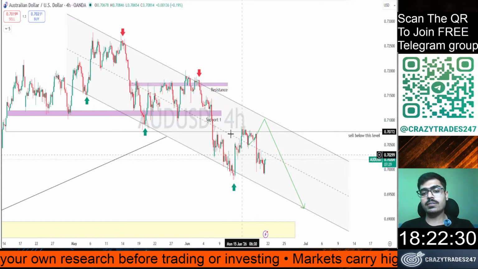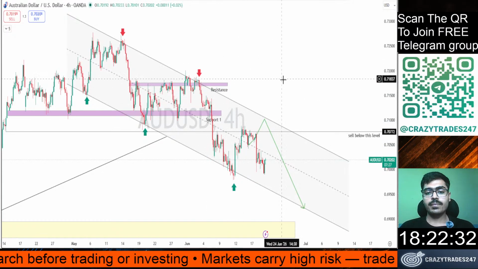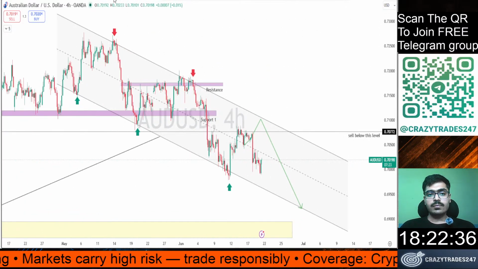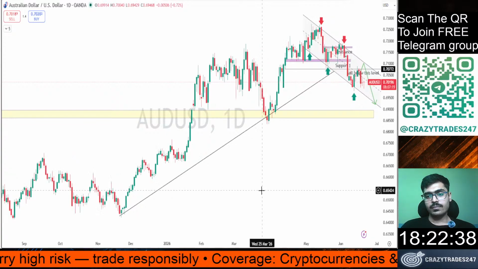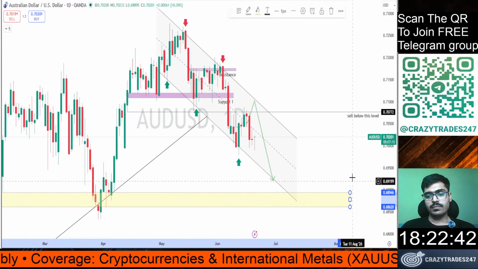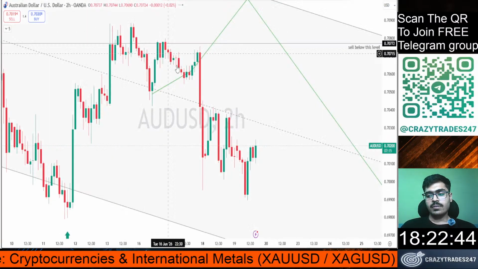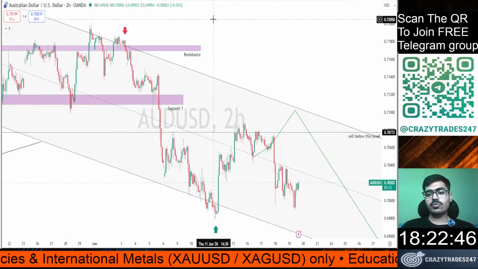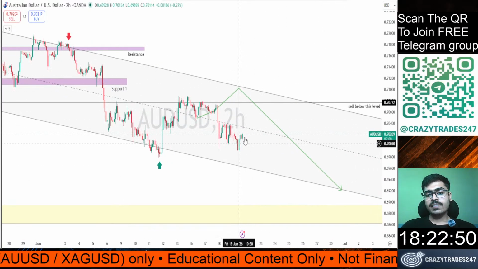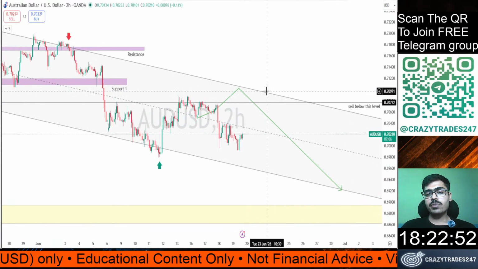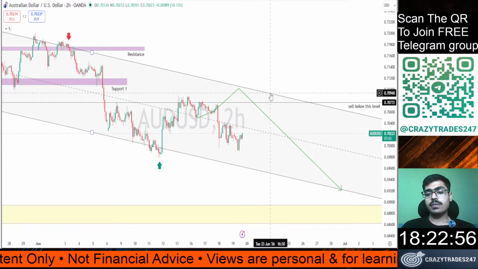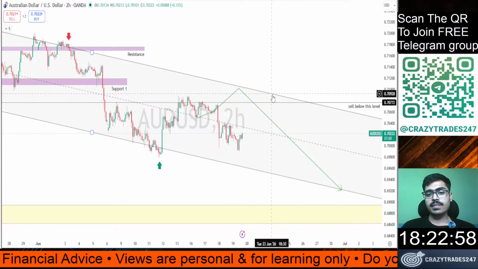Let me delete this chart first. We are expecting a further down move from this level, but it would be nice if price retests this upper boundary, because that would be our perfect entry point for short trades.